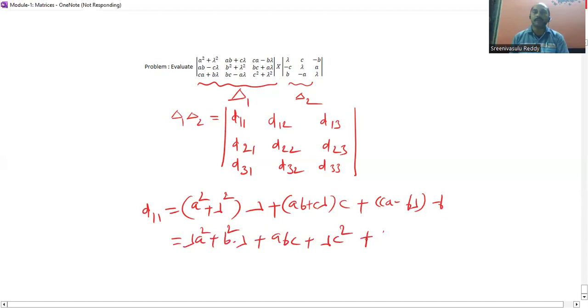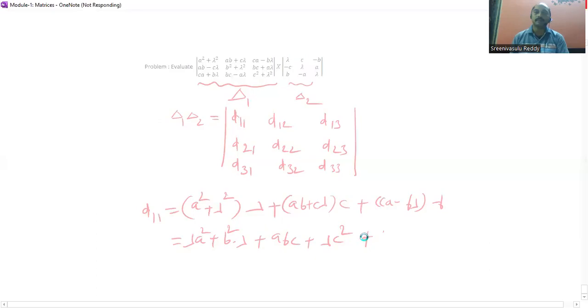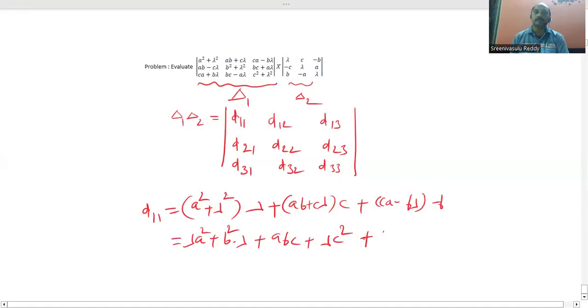So remove this plus symbol. Okay, it is better. So in place of plus, you take minus already. If you have any confusion, write it down.